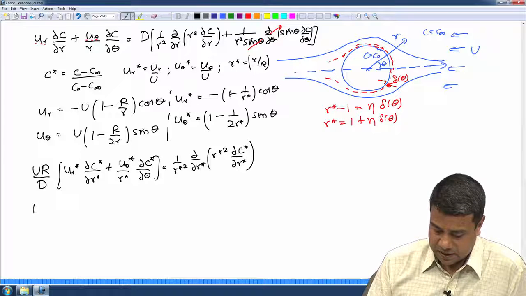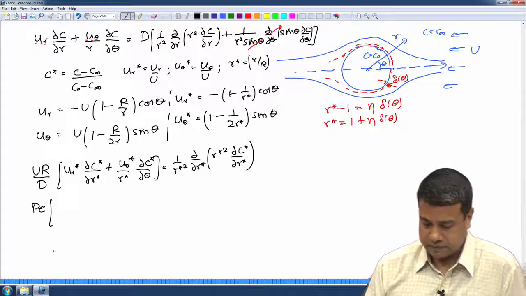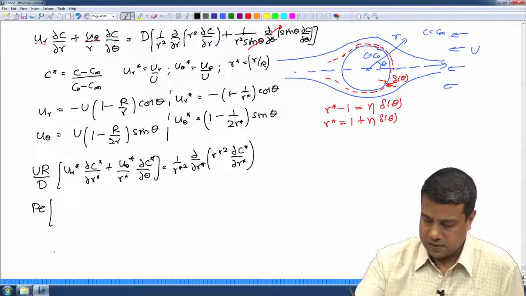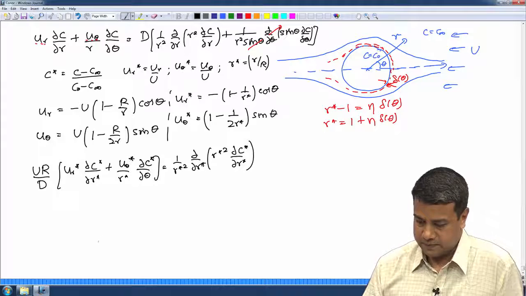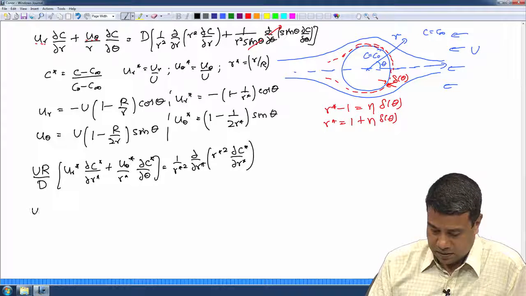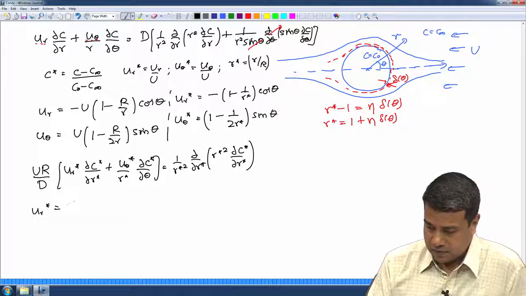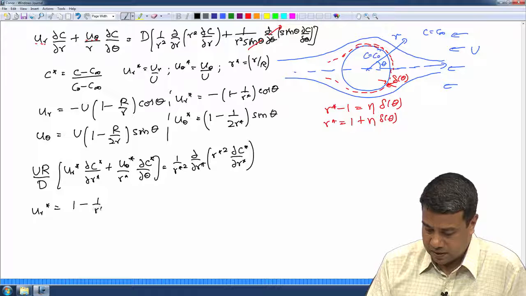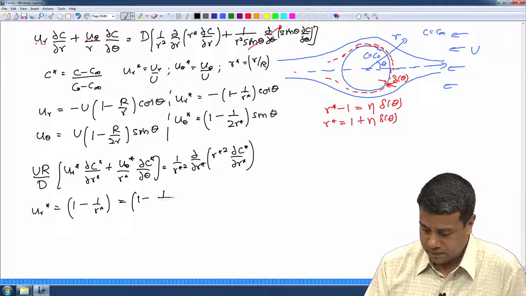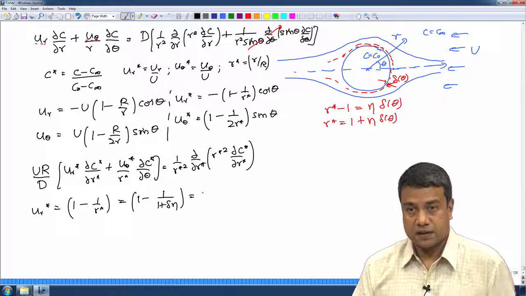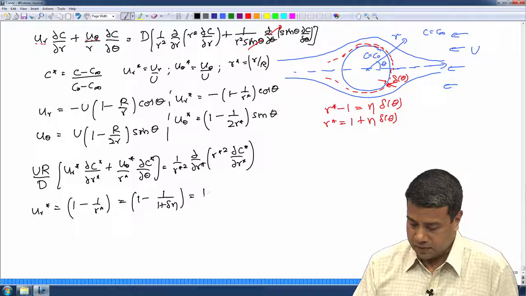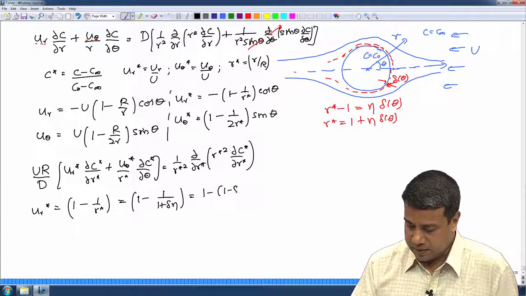So, on the left side I will get the Peclet number. I am sorry, before I do that I have to expand out the velocities in terms of delta. So, I know that u r star is equal to 1 minus 1 by r star. If I expand this out in a series in delta, I will get 1 minus delta eta.